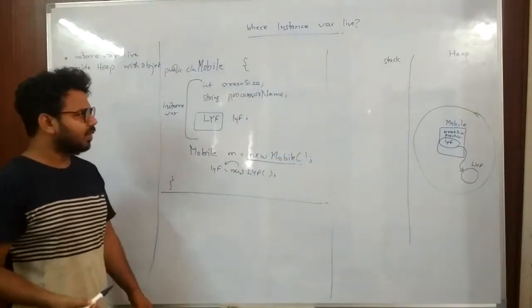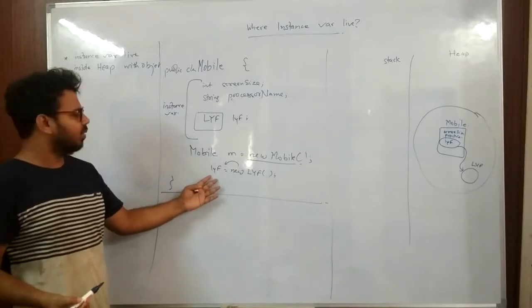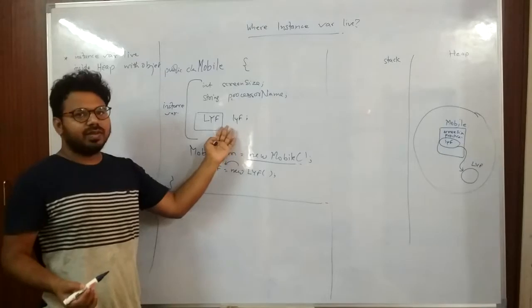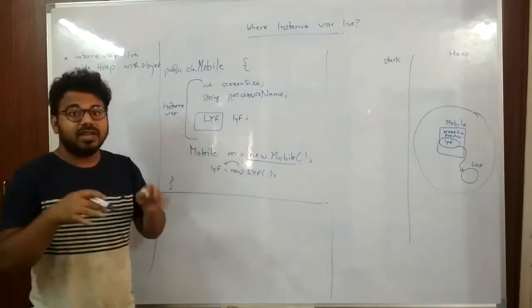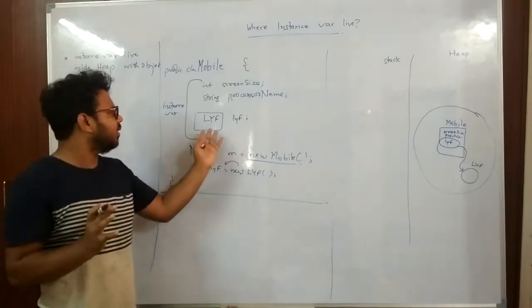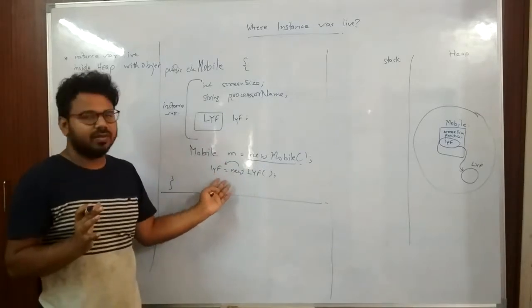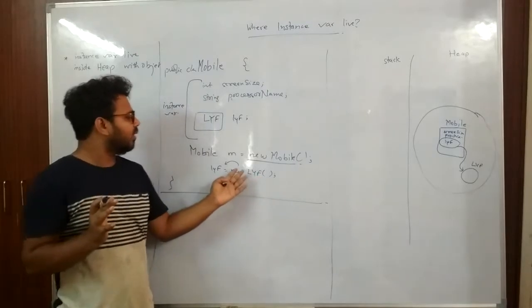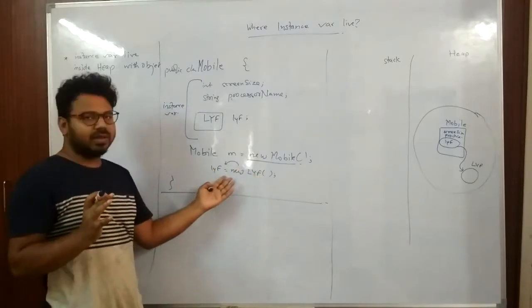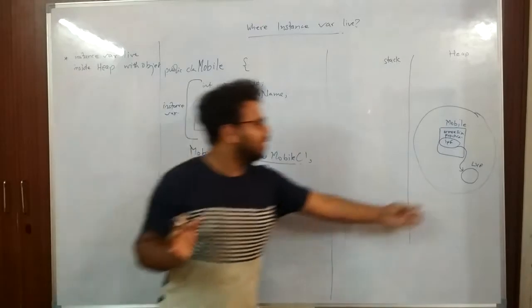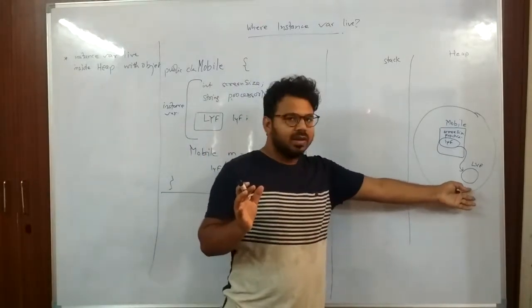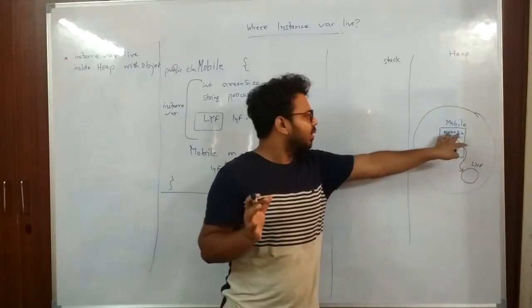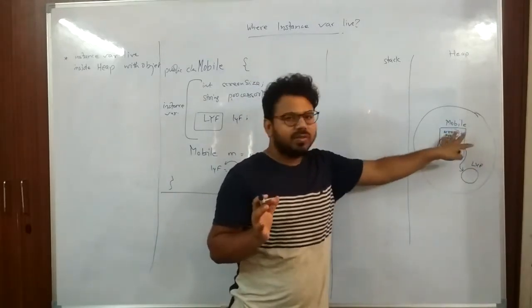Till now it was only a reference. We had not created and assigned a new Life object to this reference LYF. So at this line we have created a new object of the Life type and assigned it back to the life reference lying inside the mobile object.